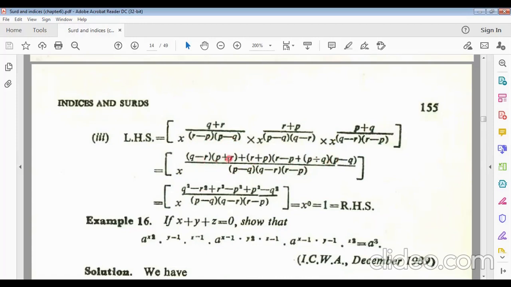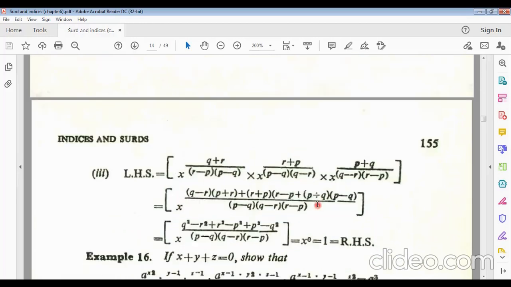Then we get this result: q minus r, p plus r, r plus p into r minus p, and p minus q into p plus q into p minus q. So multiplication will be this, and this means q square cancels, r square cancels, p square cancels. So x to the power 0 divided by this we get. 0 divided by something means 0. This is why x to the power 0, and this is actually 1.